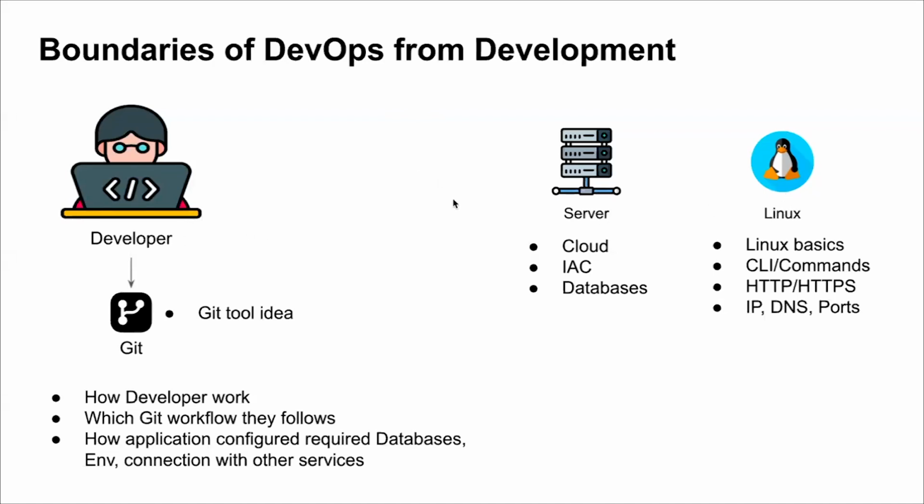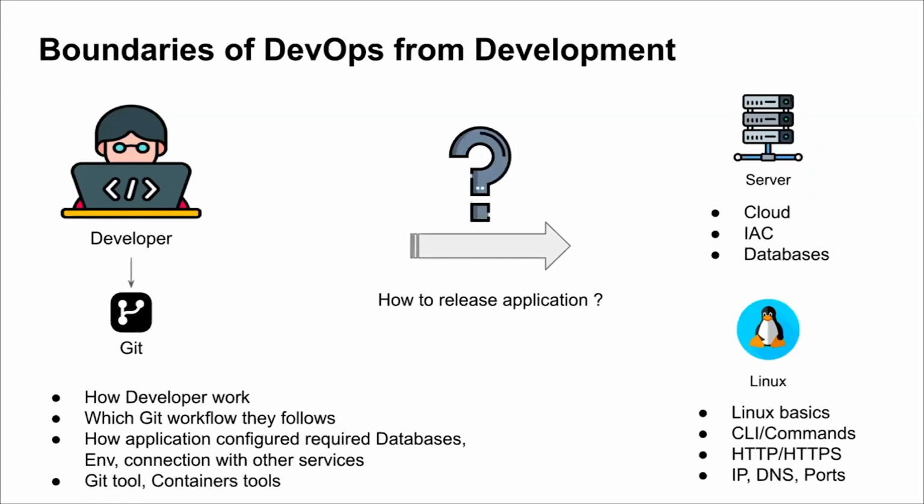On the operations side, you need an idea about the basic Linux commands, CLI, HTTP, IP, DNS, and all those things, the cloud idea, and databases, as I mentioned. You also need an idea about how applications work generally, the environment, the connection details, and everything. So here is how the application release works, and here is the actual part where DevOps comes into the picture.